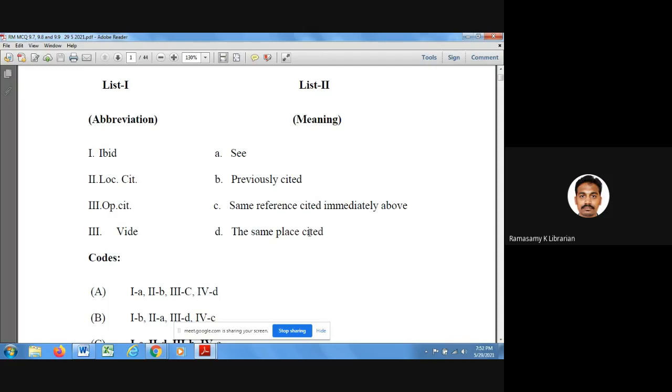You are using one reference, first reference, then you are using another reference, a second reference, and as a third reference, you want to use the first reference once again. The same page, you can make use of LOC.CIT. But if it's not from the same page, but from the same reference, you can make use of OP.CIT. This is asked 3 or 4 times, so please have a clear-cut understanding of these 4 terms.